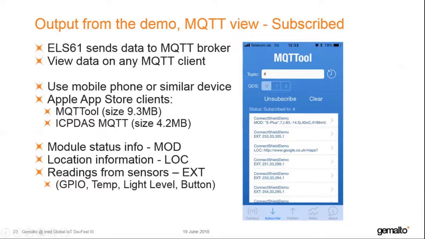So running those on a mobile device, you can see this running on my phone here, and I've captured a couple of screenshots just to show you that kind of thing as well. We have similar messages to those that you saw with the SMSs coming in on the MQTT here, with the sensor data coming in as well, and the location information. And that information comes in real time on the device.